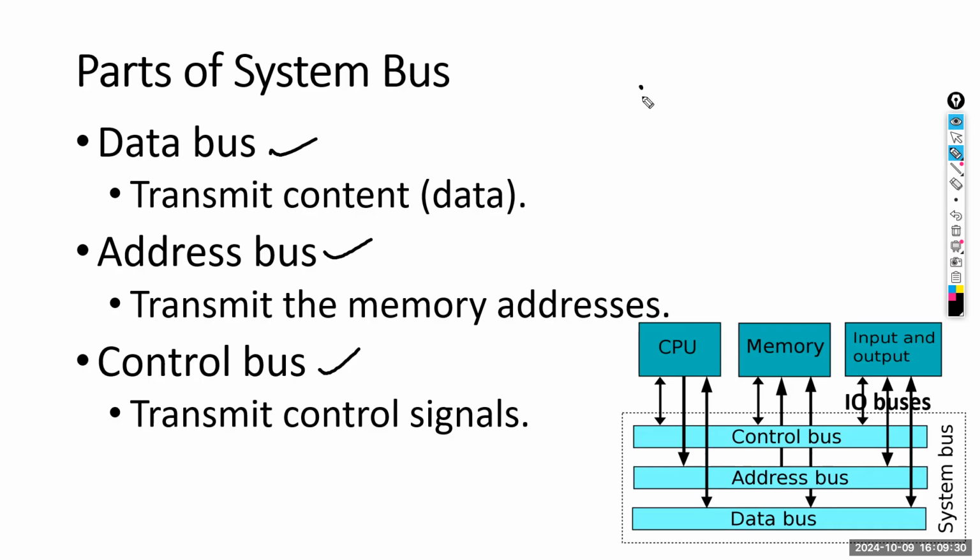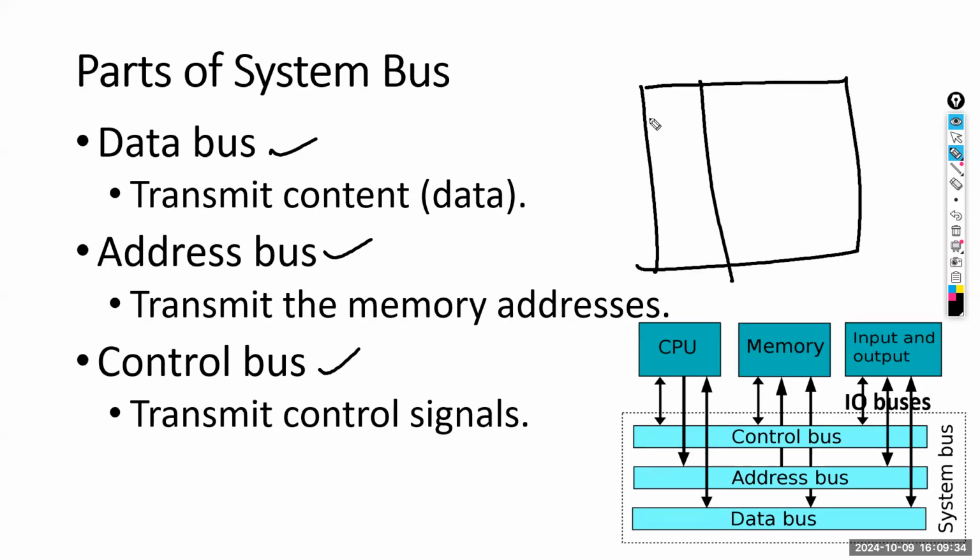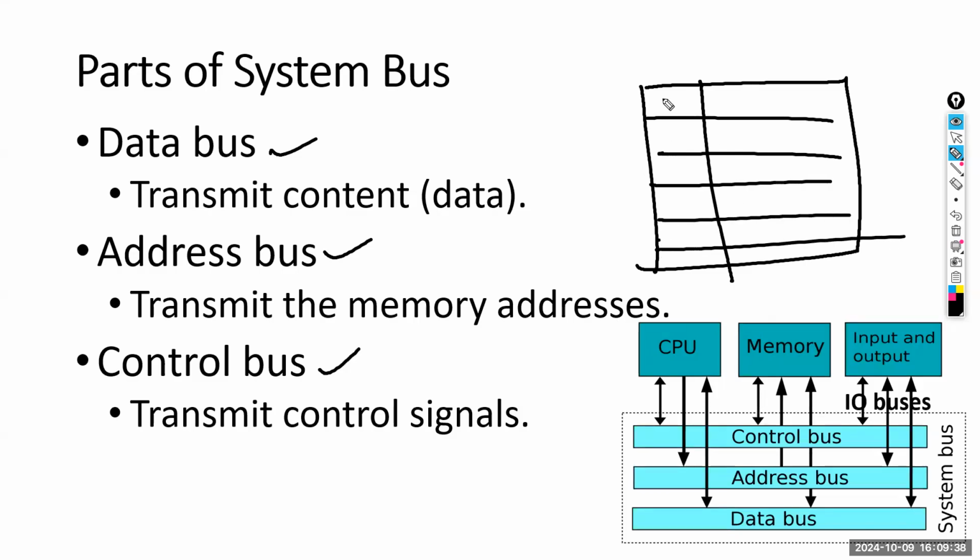Remember, you can think of memory as something where you have addresses. Each address can have, say, 1 byte of data. For example, an address like 0010 and its content like 11001011.